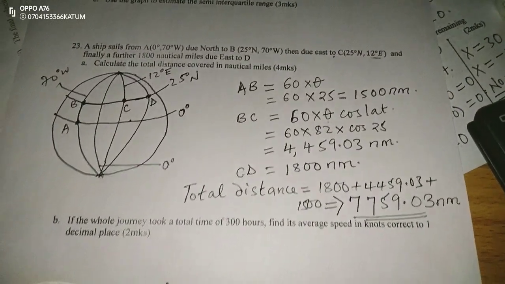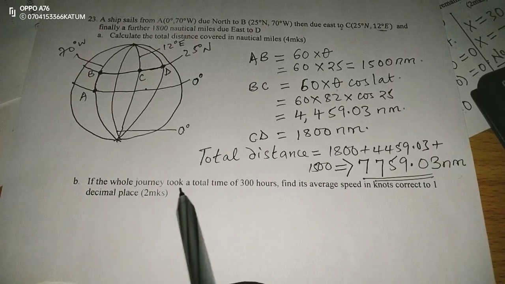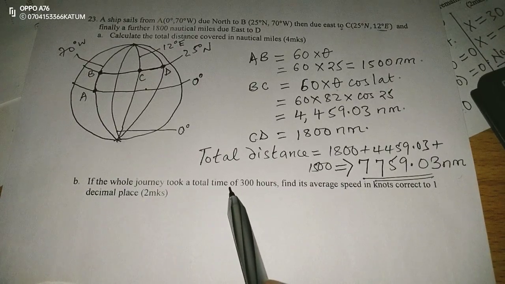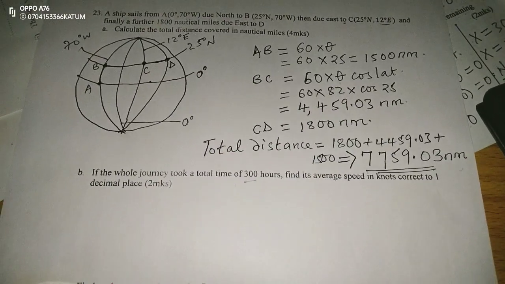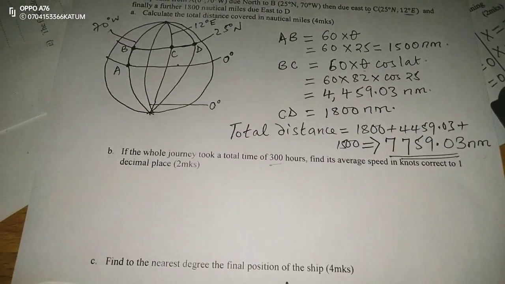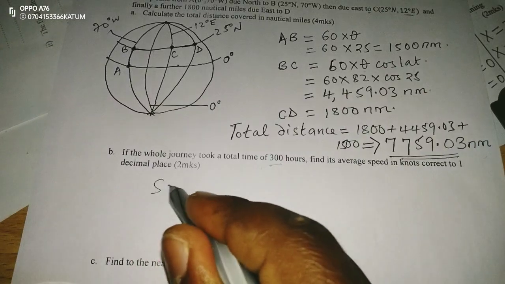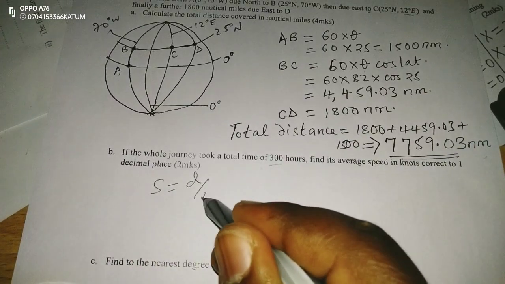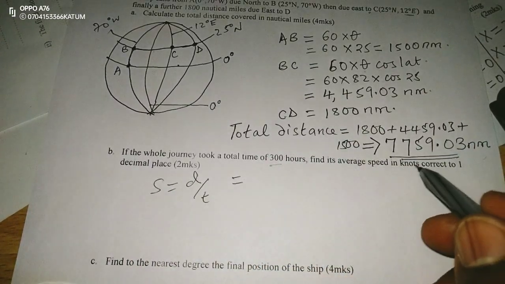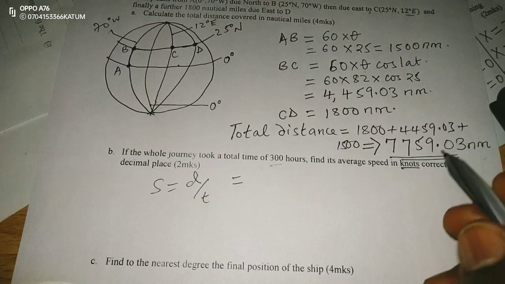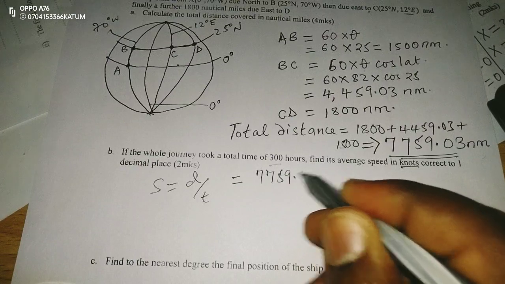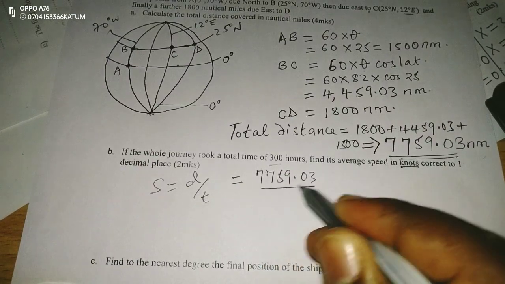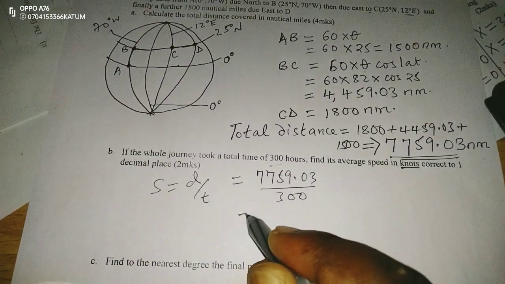Then we are told in part B, if the whole journey took a total of 300 hours, find its average speed in knots correct to 1 decimal place. Therefore, speed is given by distance over time. For the speed to be in knots, we need distance in nautical miles. So 7,759.03 divided by 300 hours.